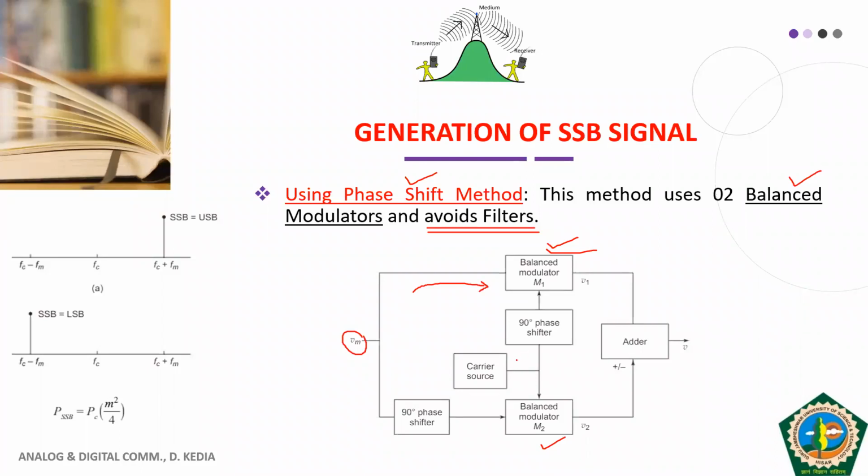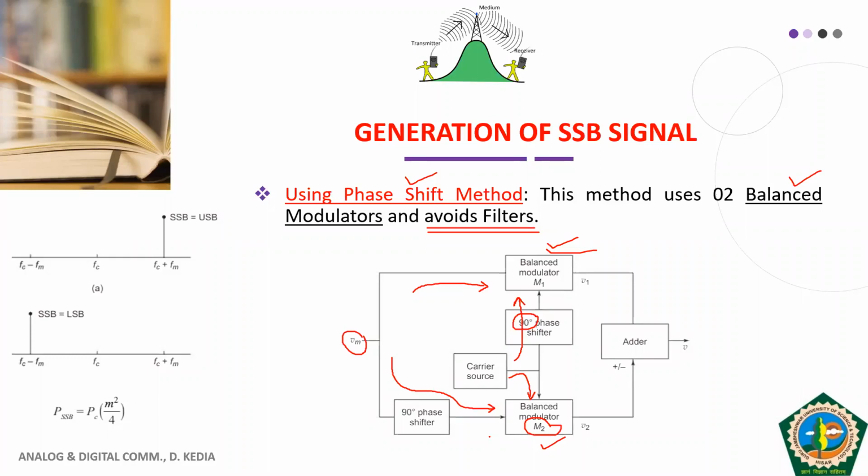The carrier signal is not applied directly to balanced modulator 1; it is applied after a 90-degree phase shift. Similarly, in balanced modulator 2, the carrier signal goes as it is, whereas the modulating signal goes after a 90-degree phase shift. So it's vice versa.